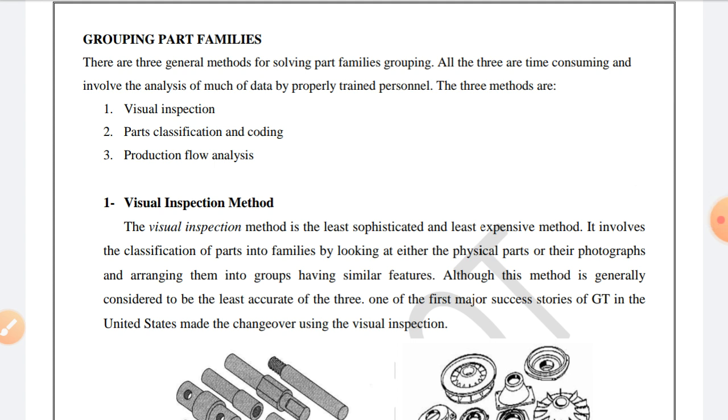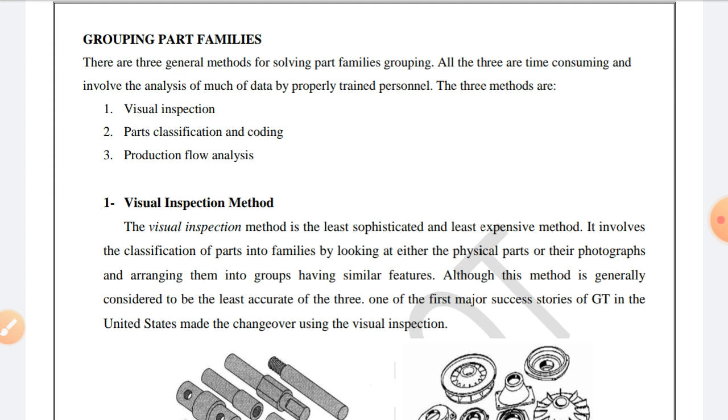How are you making the part family, that is, on the basis of which criteria are you making the families in a grouping? Basically, in grouping part families, there are three different methods.